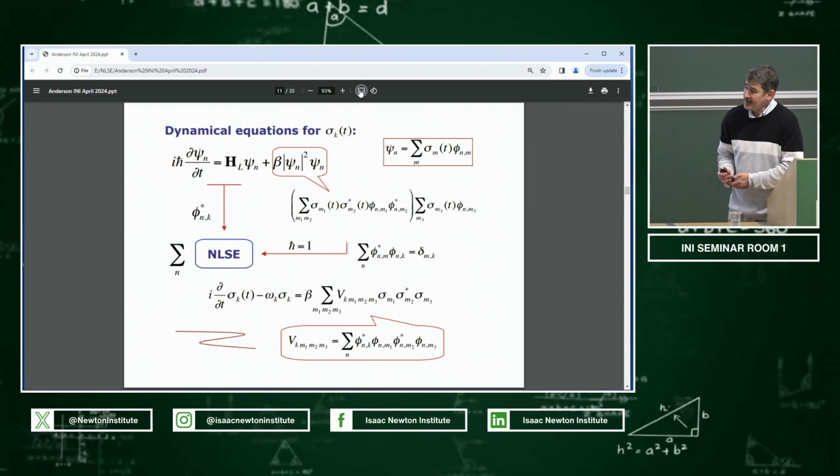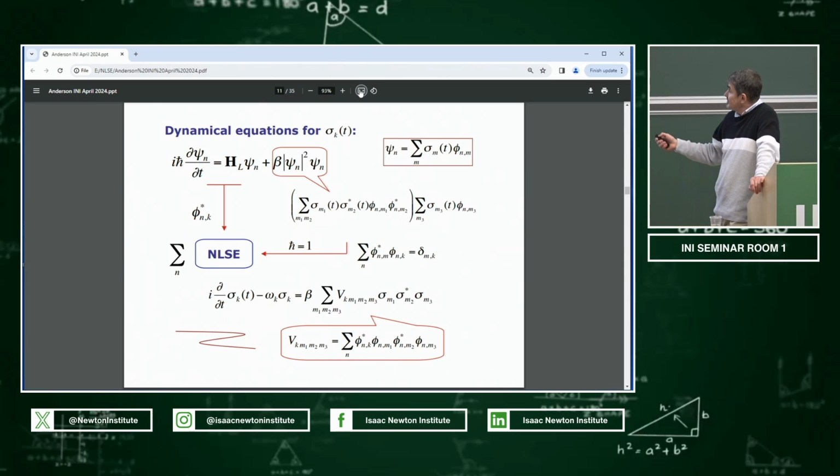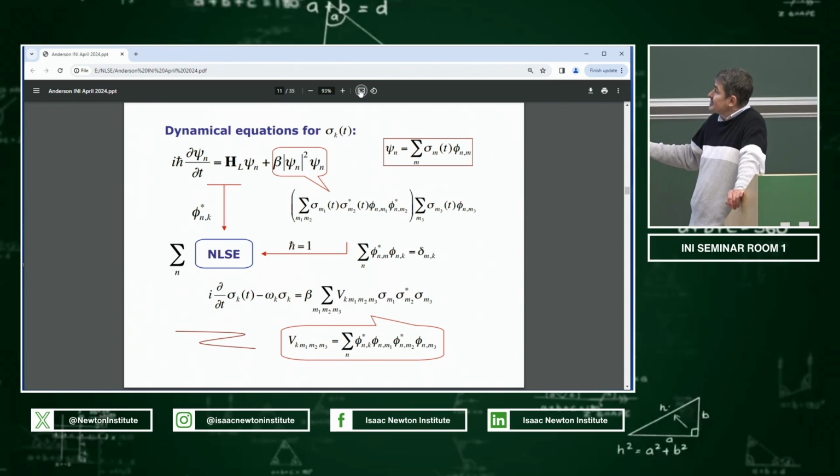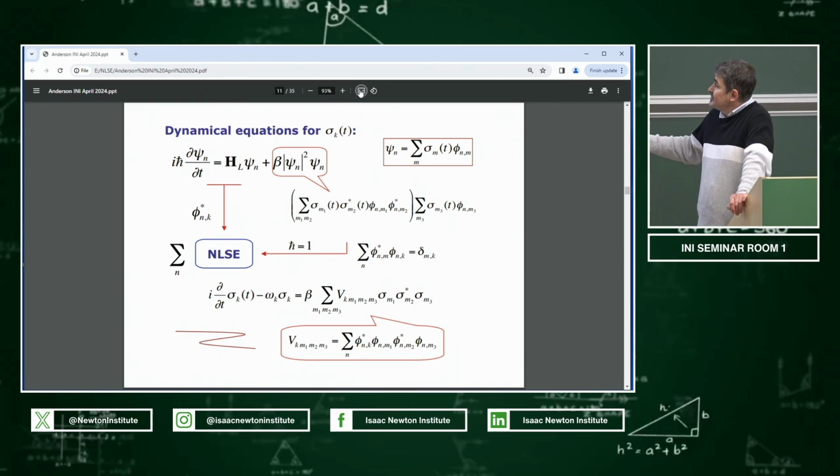Let us do it quietly. So what do we know? We know that there is a basis. A full basis, we have a wave function, and we can expand it over a full basis, and we can substitute it into a nonlinear Schrödinger equation. Then there is a quadratic term, so if you expand, you know how to write the quadratic term.